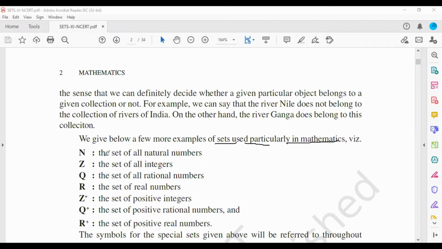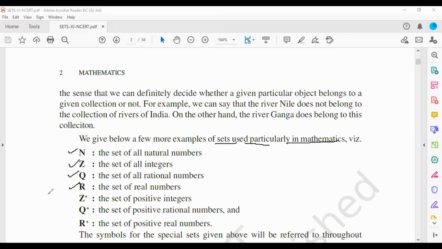The uppercase N for set of natural numbers, the uppercase Z set of all integers, uppercase Q for set of all rational numbers, and uppercase R, this is for set of real numbers.